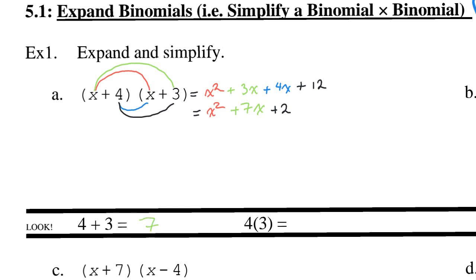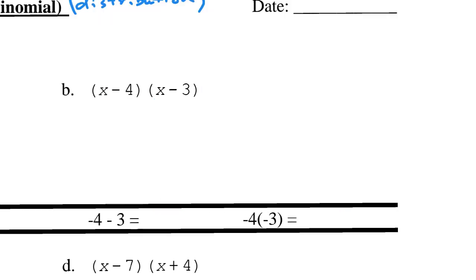And then 4 times 3 is equal to 12. That's actually a key point in the math that we do. So you'll notice that the middle term is 4 plus 3 and the end term is 4 times 3. Always.